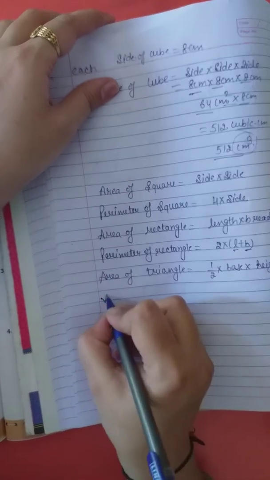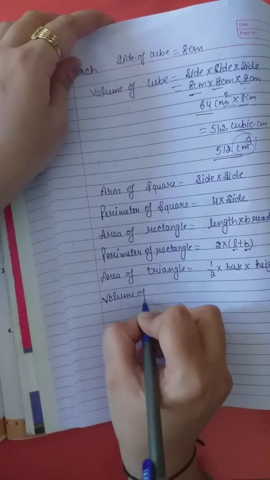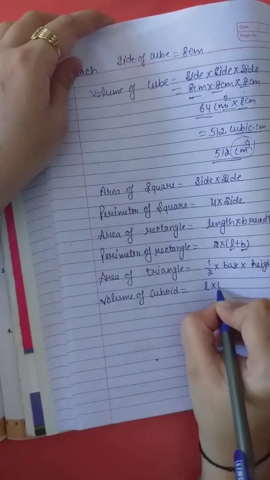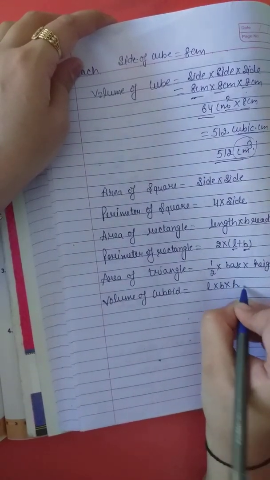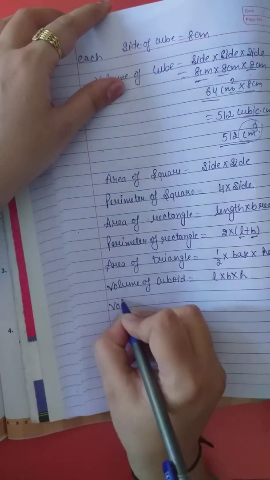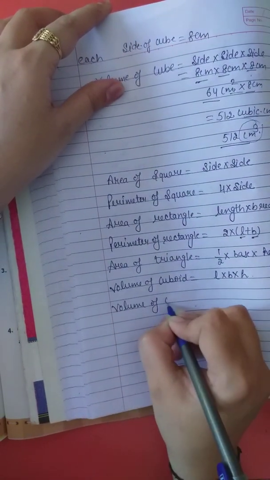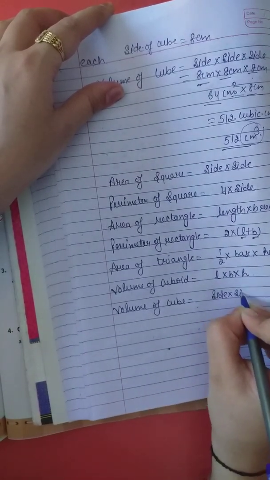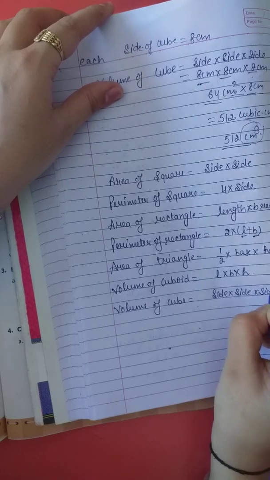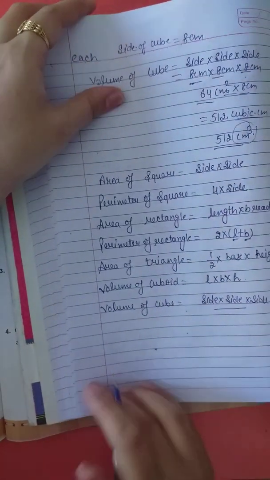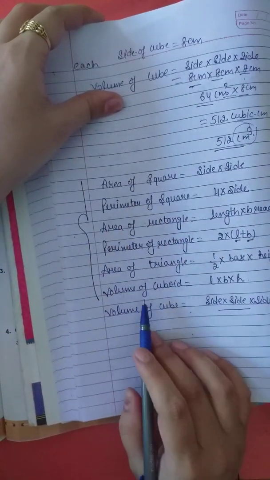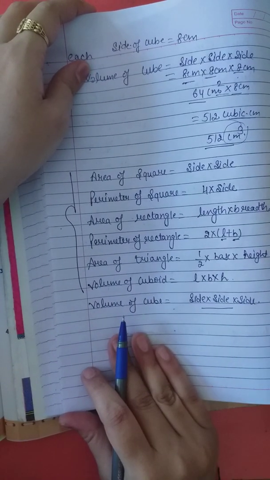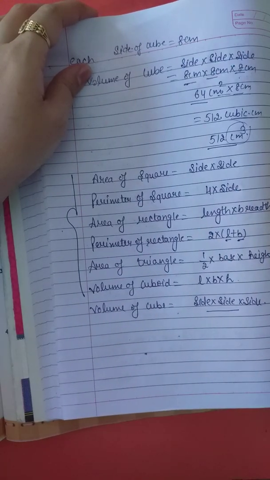Next one is volume of cuboid, length multiply breadth into height, and volume of cube, side multiply side multiply side. So in this way we can find all the areas and perimeters of square, rectangle, triangle, cube and cuboid.